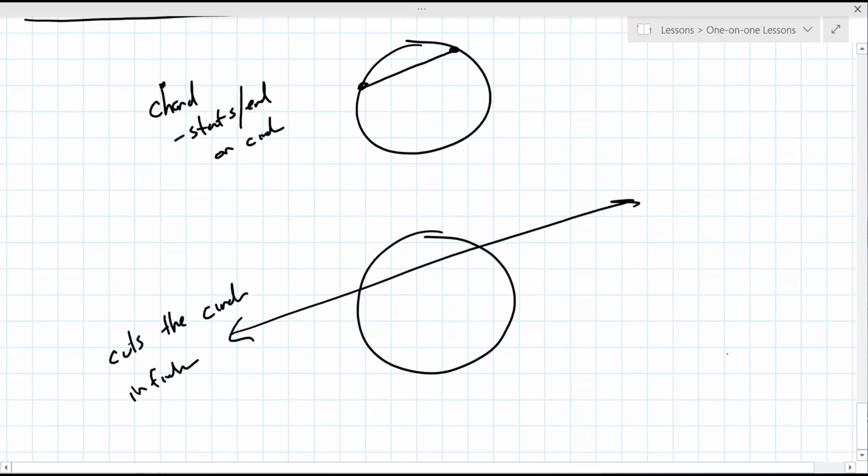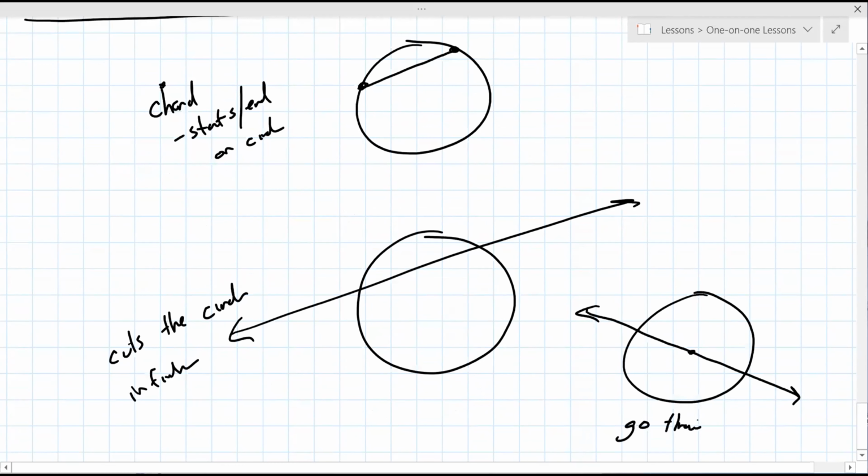You actually can have a secant that goes through the center. Like this is a secant. It can go through the center. All right.